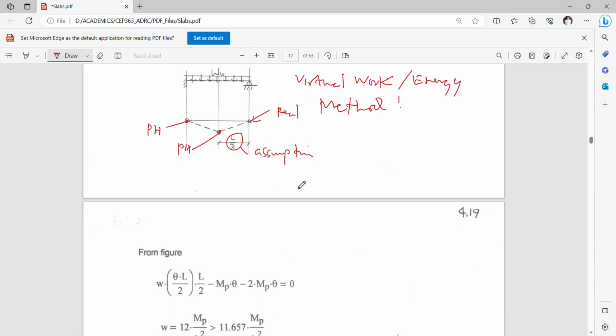And from the figure itself, we take note of the rotation which this fixed end will exhibit, which will need an energy or a virtual work to do it.